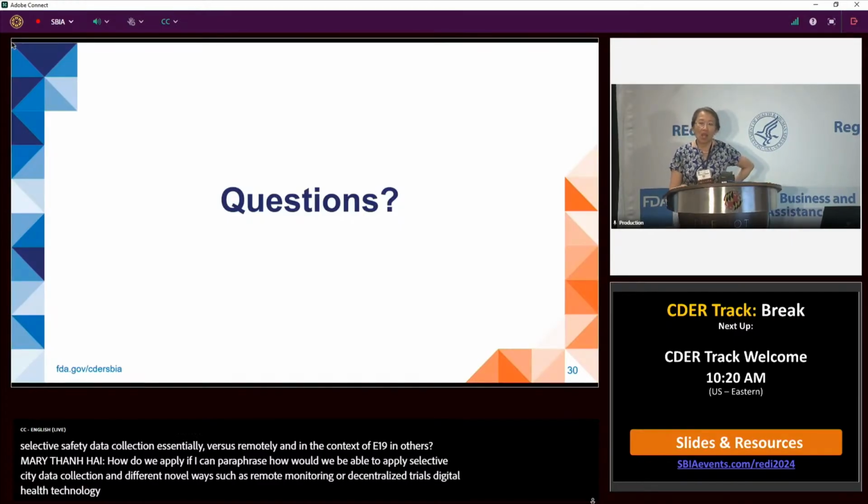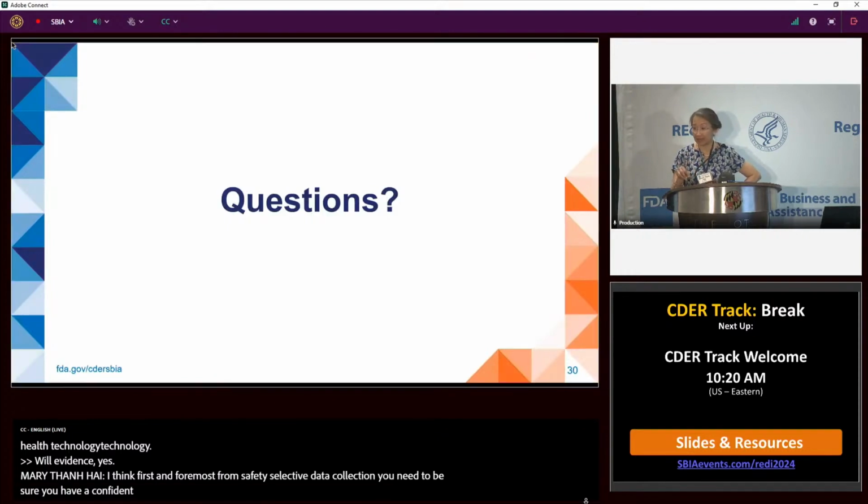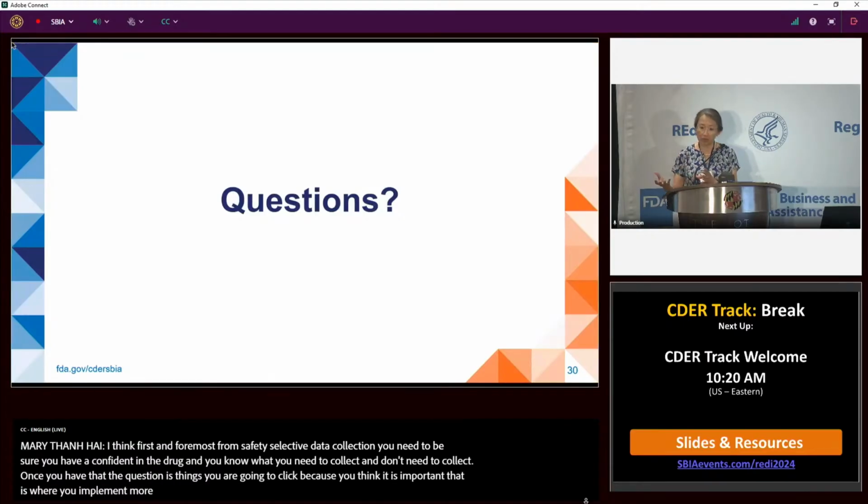Well, I think first and foremost, for selective safety data collection, and I'm going to sound like a broken record, you need to be sure that you have confidence in the safety profile of the drug and you know what you need to collect and what you don't. Once you have that, then for the things you are going to collect because you think they're important, that's where you implement more novel approaches, whether it be remote monitoring or digital health technologies.